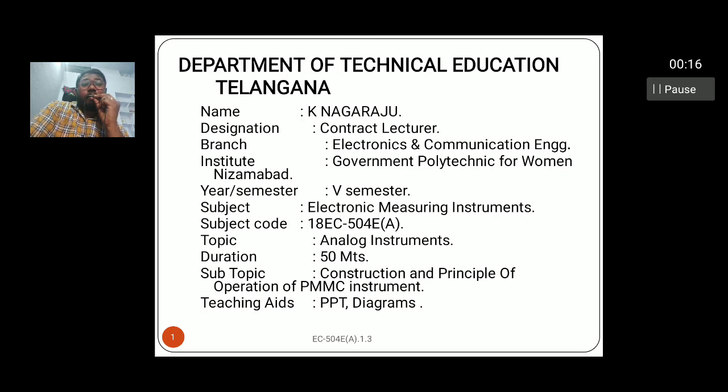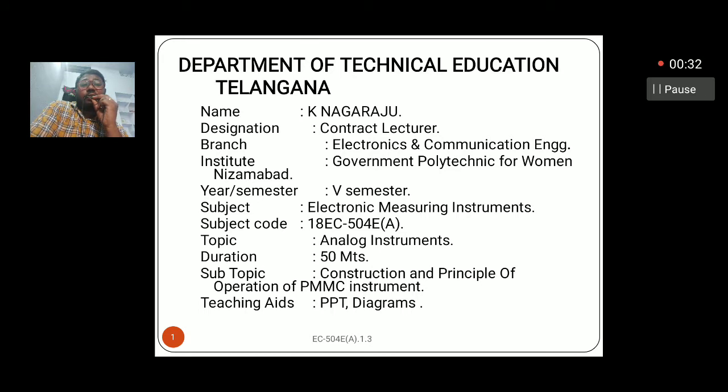Today I am going to explain one more topic: the construction and the principle of operation of the PMMC instrument. In the analog instruments, the most important instrument is the permanent magnet moving coil.